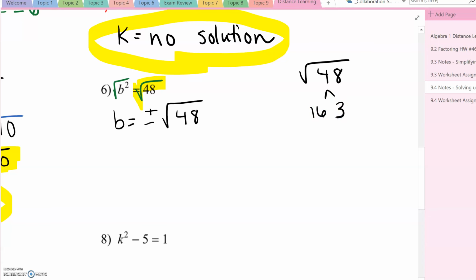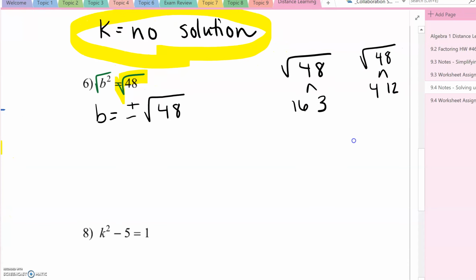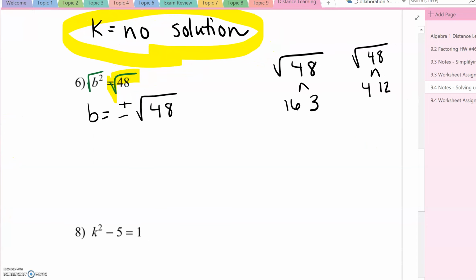You're going to get the same answer either way if you break the square root of 48 down as 4 times 12 or 16 times 3. If you do 16 times 3, what is the square root of 16? 4. So you get 4 square root of 3 right away.